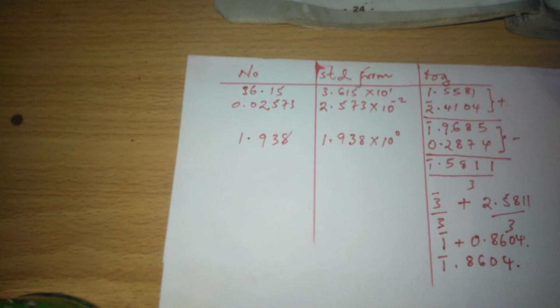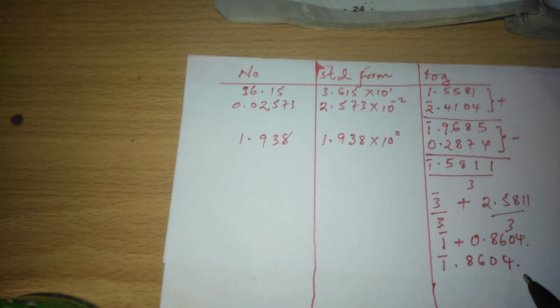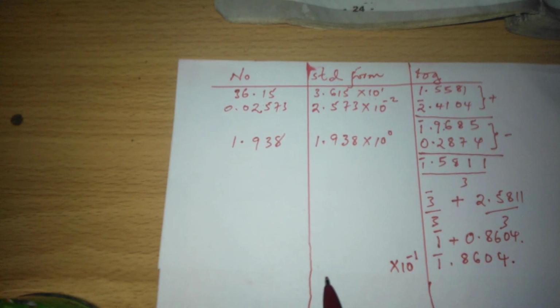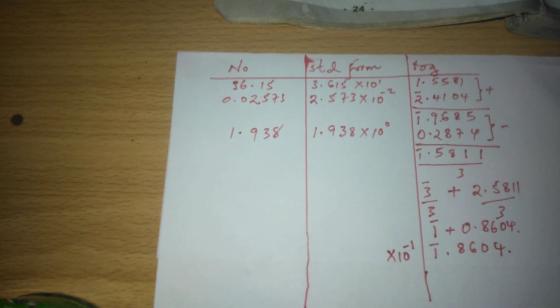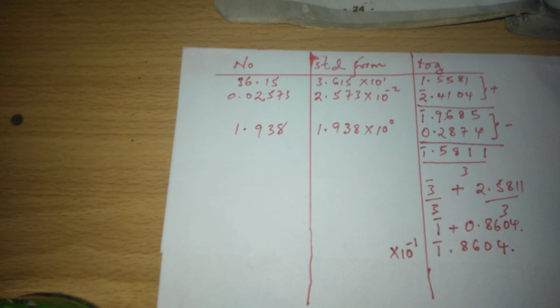So now we have to go back to the answer, and for us to get the answer, we're going to get the number whose logarithm is this. So it means for us to have bar 1 point, we should have here 10 raised to the power of negative 1. So on this other side now, we are going to get the antilog of 0.8604, shift log of 0.